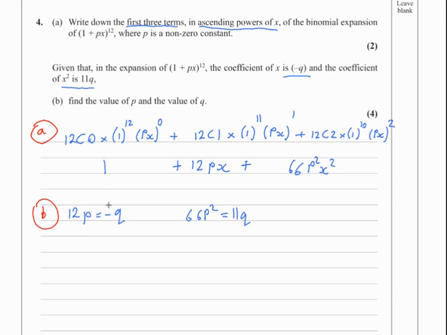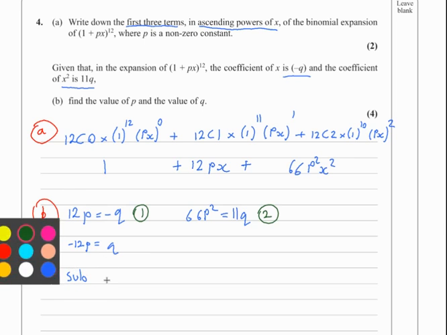Okay, so we've essentially got simultaneous equations here. We've got one equation here, and we've got our second equation over here. So here I can say that minus 12p is equal to q, and then I can sub 1 into 2.